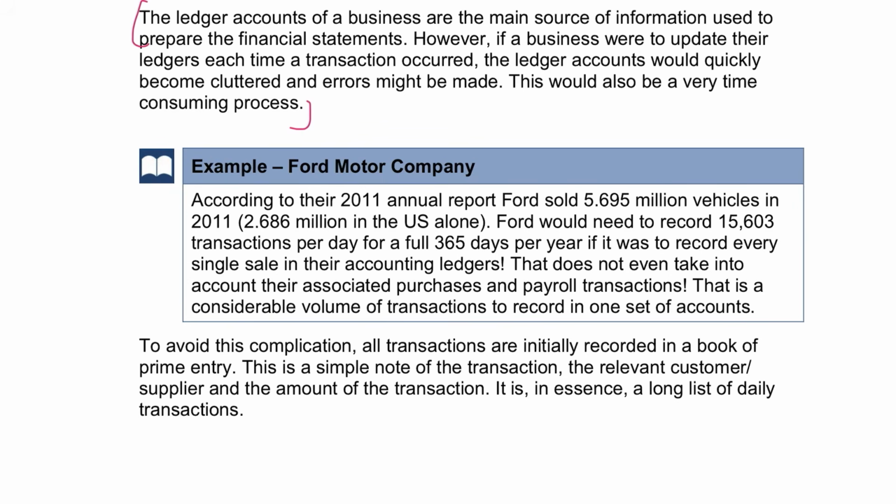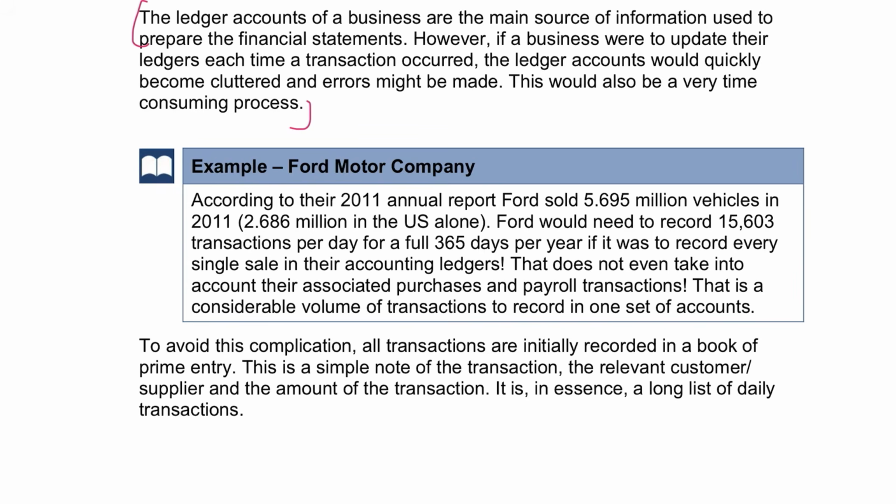Ford would need to record 15,603 transactions per day for a full 365 days per year if it was to record every single sale in their accounting ledgers. That does not even take into account their associated purchases and payroll transactions. That is a considerable volume of transactions to record in one set of accounts.